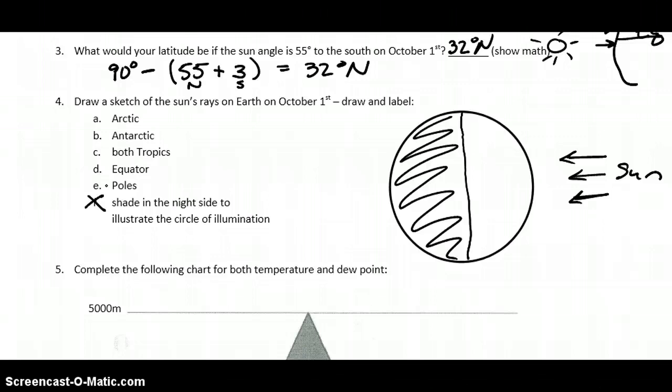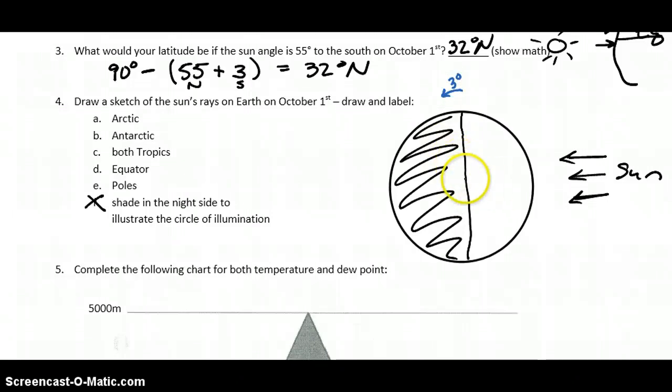Now I'm going to go ahead and draw in the axis. For the axis, we would want to tilt it so that the sun is shining a little bit to the south of the equator. So I'm just going to have a 3-degree tilt here from the sun in the northern hemisphere. And that's kind of hard, I mean, that's almost straight up and down.